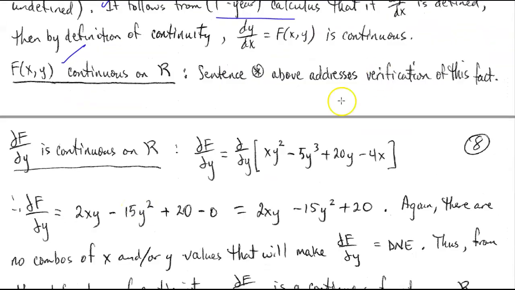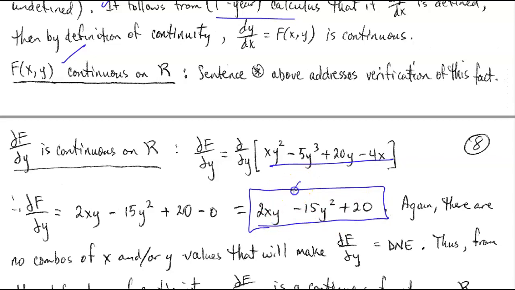So now, if I was to take the partial derivative of F with respect to Y, and that's just taking the derivative of this expression where X is going to be treated as a constant, and I'll take the derivative of everything with Y in it as normal. So if I did that, then of course I would get this expression here.